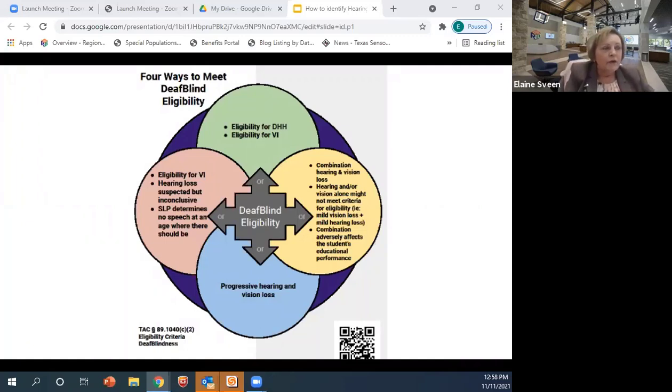In the yellow, I want to talk about this a little bit. This is called the third way, even though I'm talking about it as the fourth way. This is a combination of hearing and vision loss, but alone, they may not qualify.